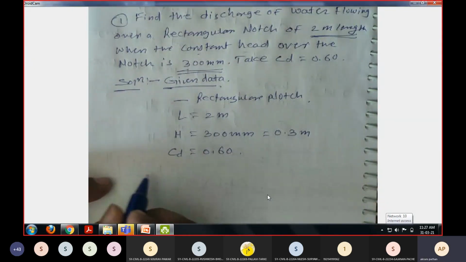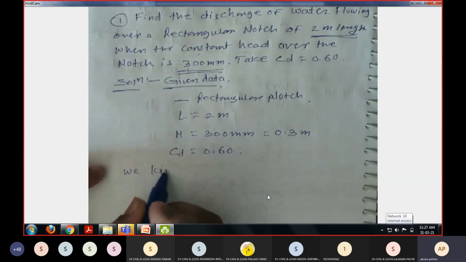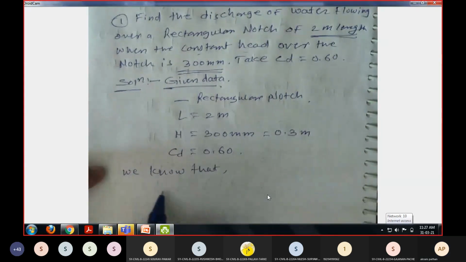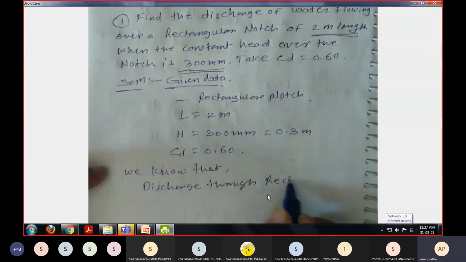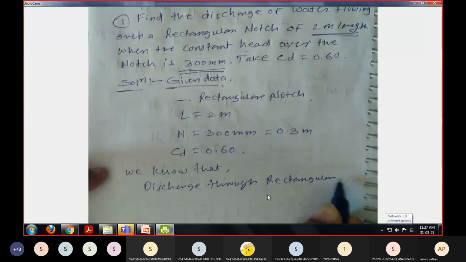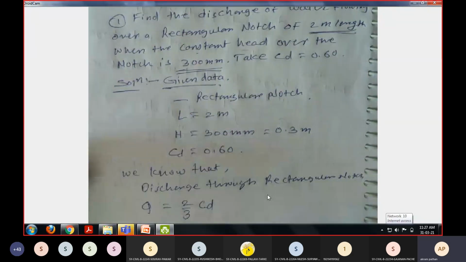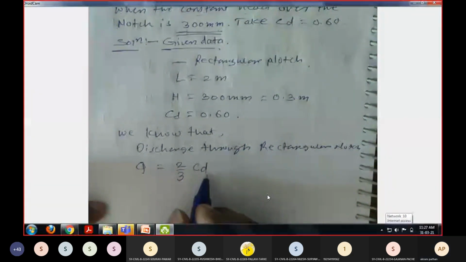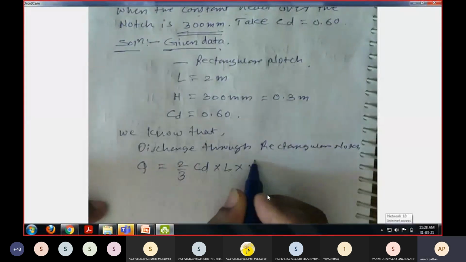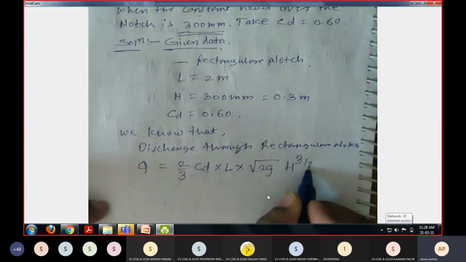Then we know that the discharge through the rectangular notch is two-third CD into L into root 2G h raised to 3/2.